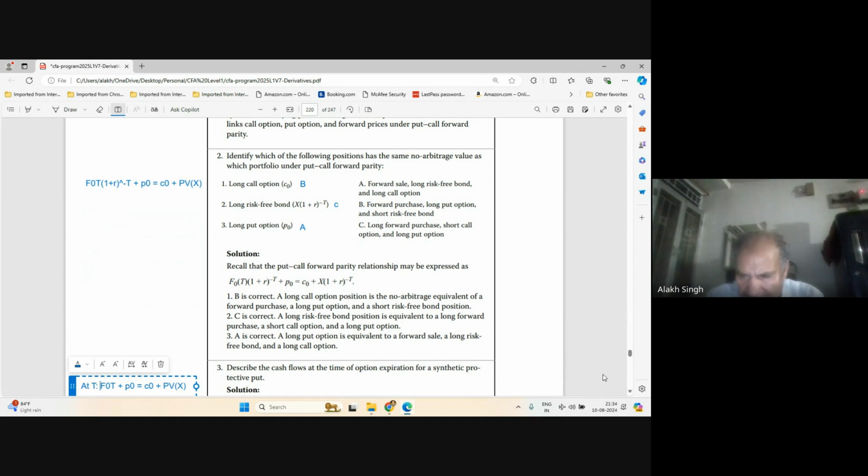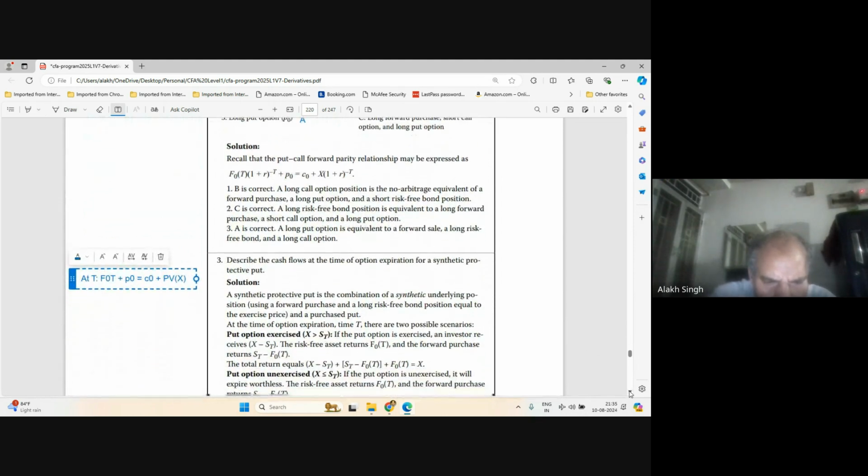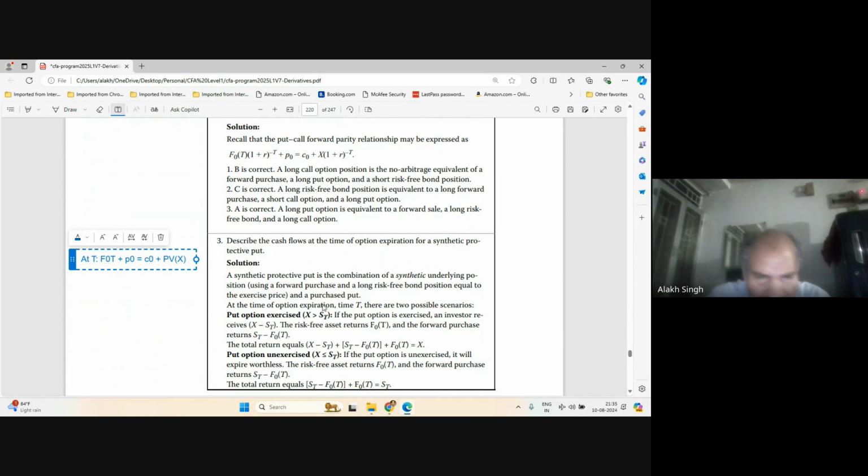So what will be the cash flow? Describe the cash flow at the time of option expiration for a synthetic protective put. He is already long a risk-free bond, because it is a protective put, and long C0 as well.